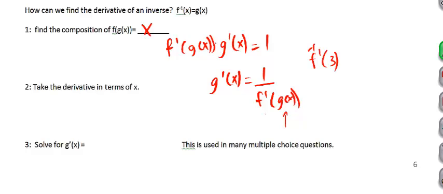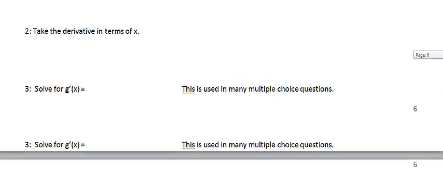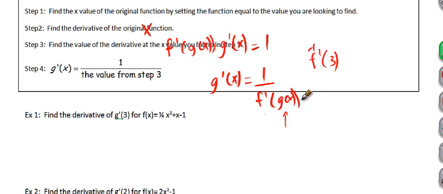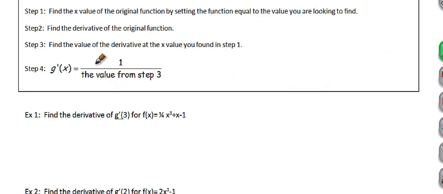So let's see a couple examples. Before we get to the examples, let's go over our steps. The first thing is you want to find the x value of the original function by setting the function equal to the value we're looking to find. We're keeping the same thing, that g is the inverse of f.